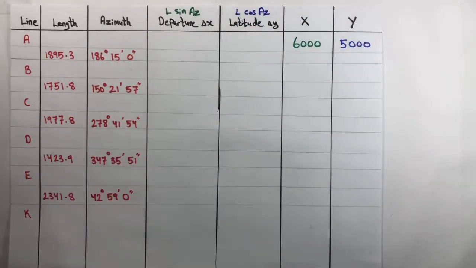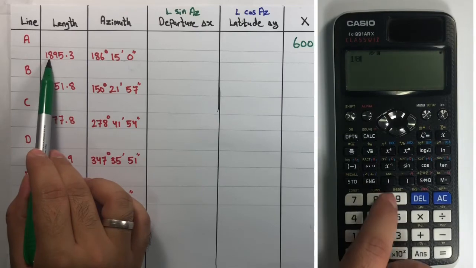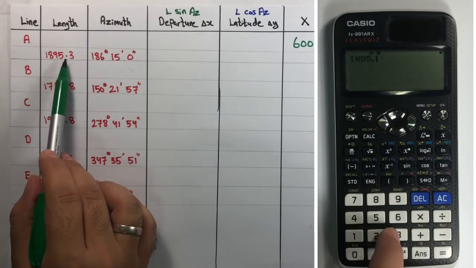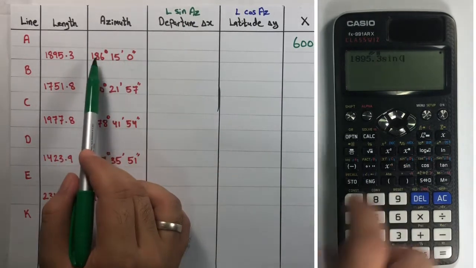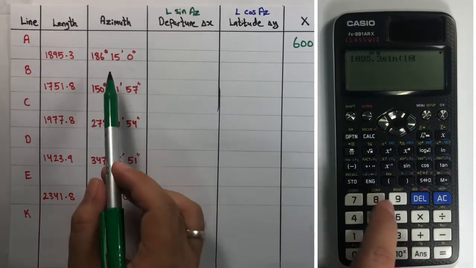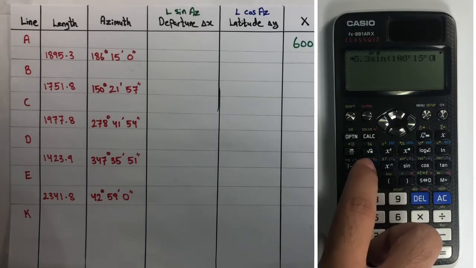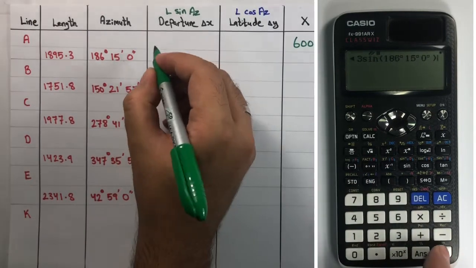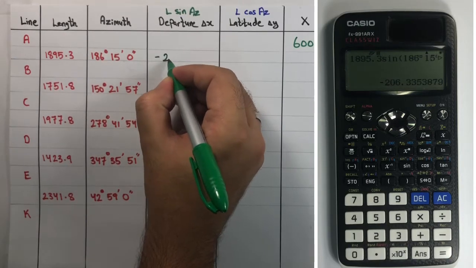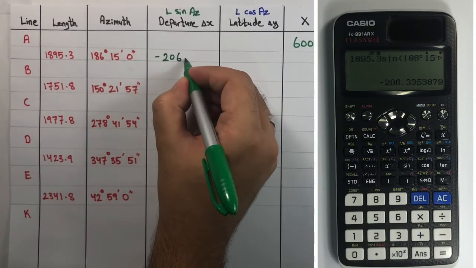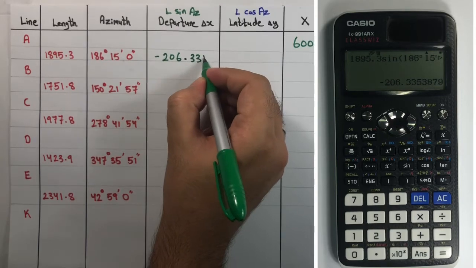We got all the lengths, all the azimuths, so it will be easy to calculate those values. So let's start with the departures one by one. The length 1895.3, sine azimuth 186 degrees 15 minutes and 0 seconds. So here we'll get a negative 206.335.